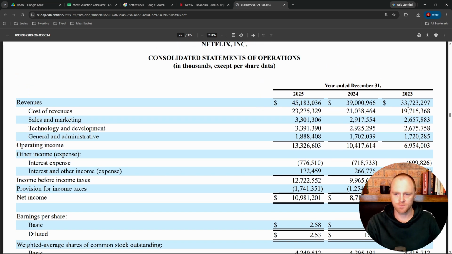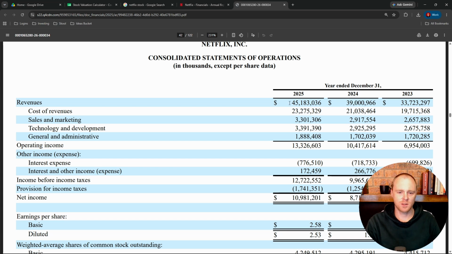So revenues, 33 billion, 39 billion, 45 billion. So strong growth there. And what about the cost of that revenue? The cost has pretty much been the same. We've had 50% growth over a 3-year period, but nowhere near that amount of growth in the cost of revenue.